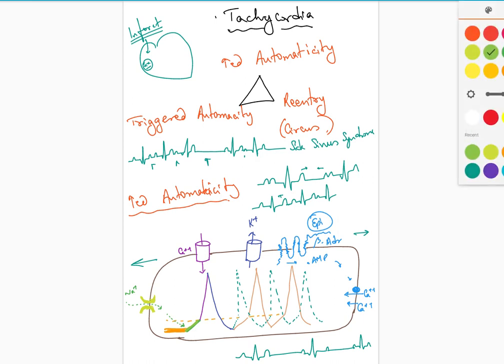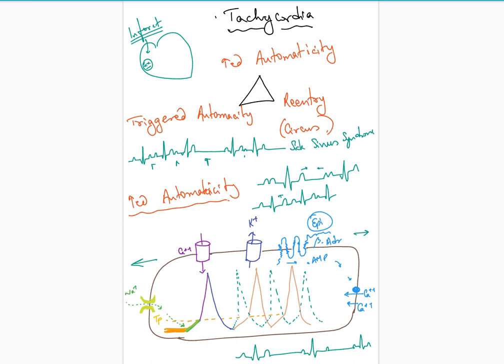Correct? Yes sir. Now this is called the threshold potential. This dashed line which I have made is the threshold. As threshold potential is reached, voltage-gated calcium ion channels will open. Calcium is more in the ECF, the extracellular fluid. Always remember that. So if calcium is more in the extracellular fluid, calcium will come in.